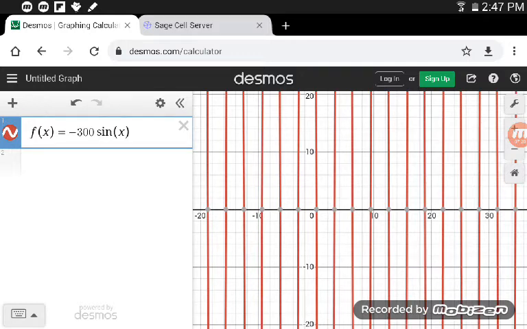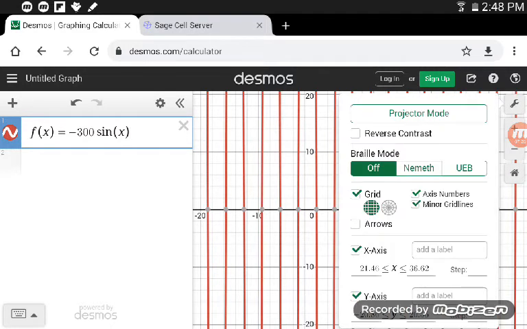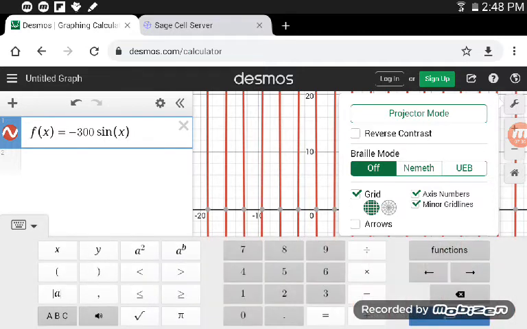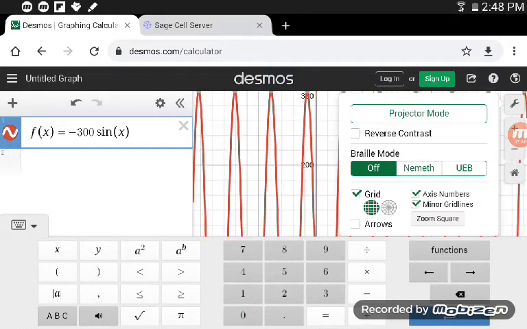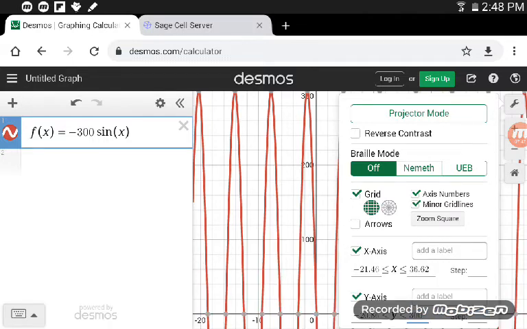That doesn't look really good, does it? So what I'm going to do is adjust the y-axis. Now I need to get that one.